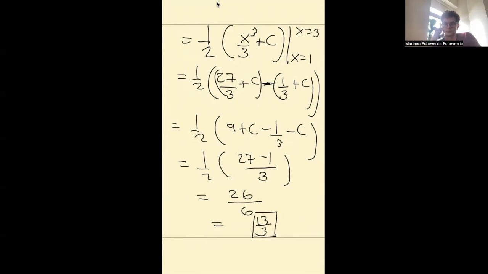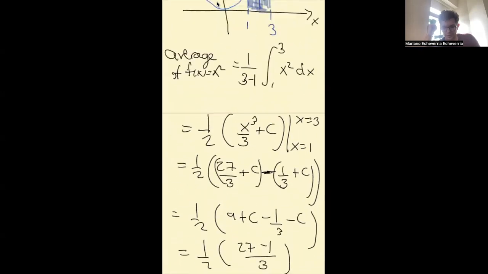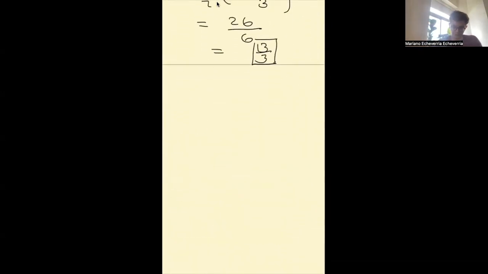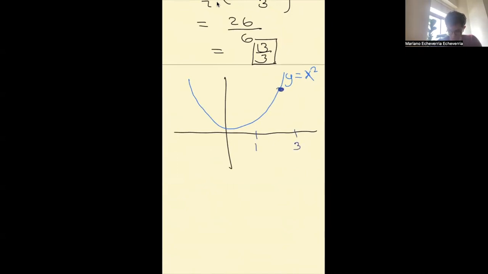So here's how you can think about it, just to make this more intuitive. Here you have y equals x squared. We are looking at the interval 1, 3. So here's 9, and here's 1, right? And so what is 13 thirds?